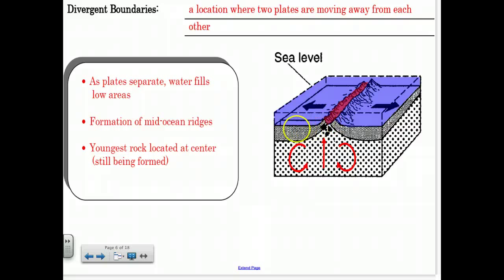And as you move further away, these rocks used to be at this mid-ocean ridge. They've been pushed away as these convection currents cause these two plates to move apart from one another, and the rock gets older as you go further away. The center is where the newest rocks are forming.